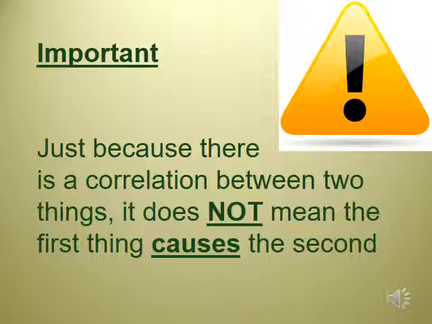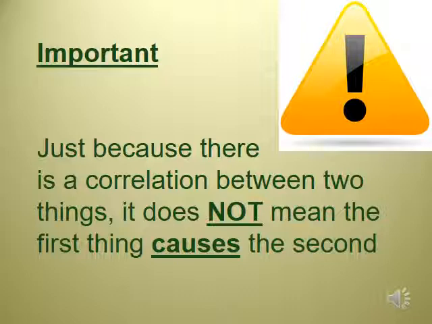The next key thing that comes up is the fact that just because there's a correlation between things, it does not mean that the first one causes the second. And that really is kind of important. You'll often hear studies reported on TV or see people on the internet saying one thing causes another.